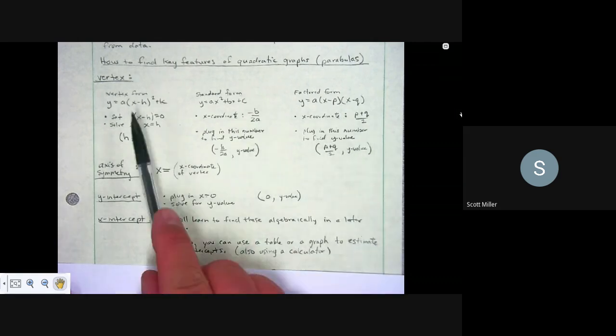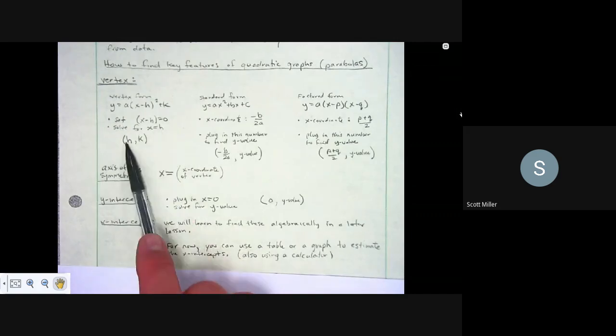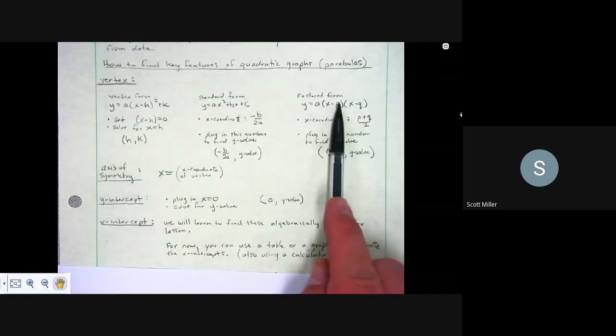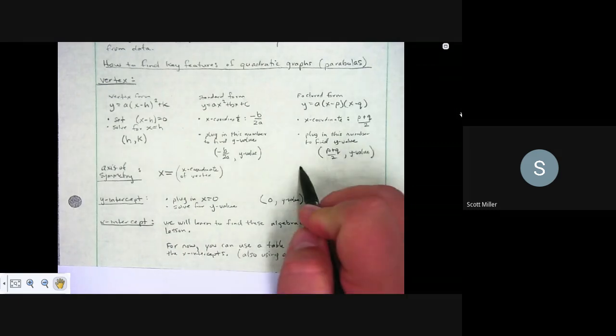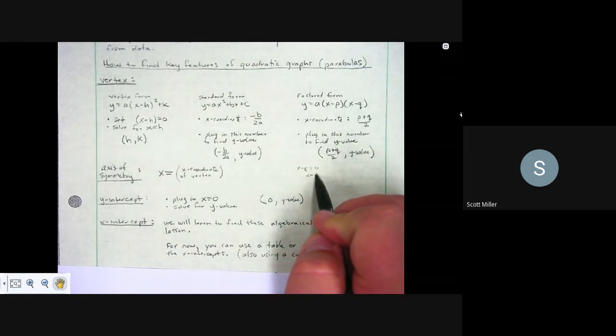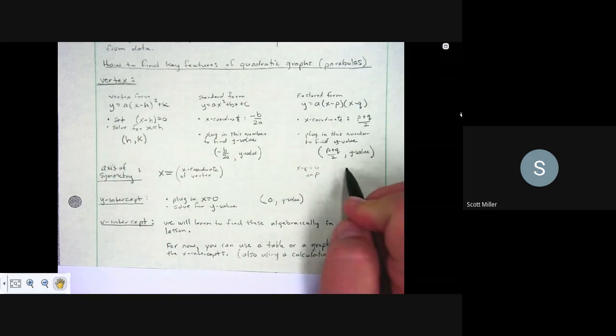Now, just like this one over here, where I take the stuff in the parentheses and set it equal to 0 to find that number that goes there so that you don't get the wrong sign, the same thing occurs over here. You want x minus p equal to 0. That's how you get the right p value. And then x minus q equals 0.